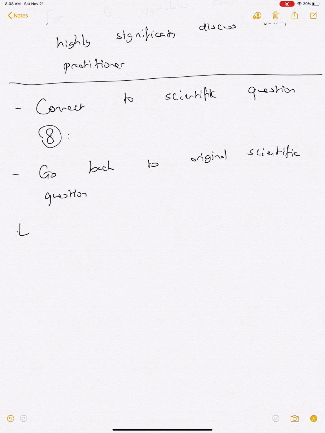And so in this particular example, the question is how does a protein sequence influence functionality?